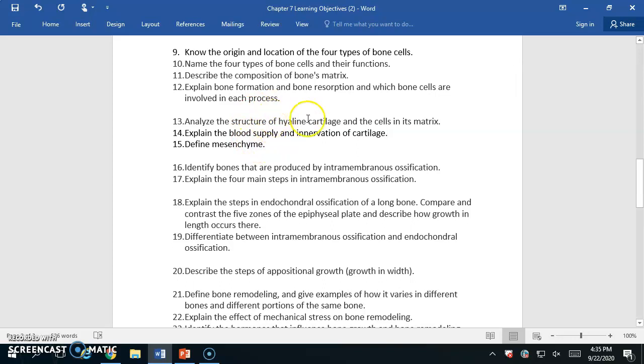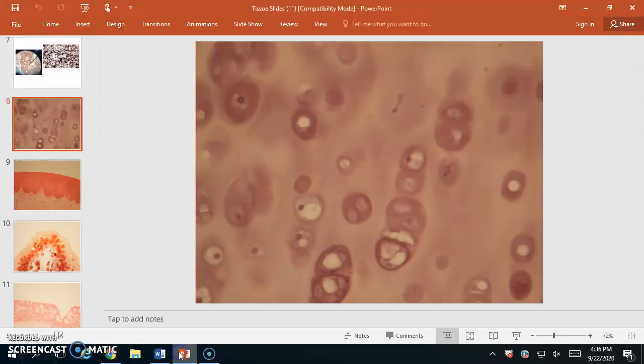There are two types of tissue that we're going to talk about, hyaline cartilage and mesenchyme, that have to be present, and they will be the scaffolding, the tissue that the bone can then form within. So we need to know a little bit more about these tissues. First we'll talk about hyaline cartilage in a little more detail than we have before. Let me show you that. Go back to our picture.